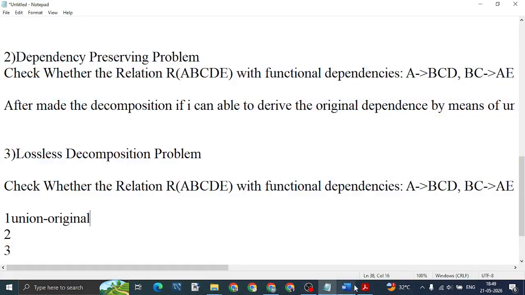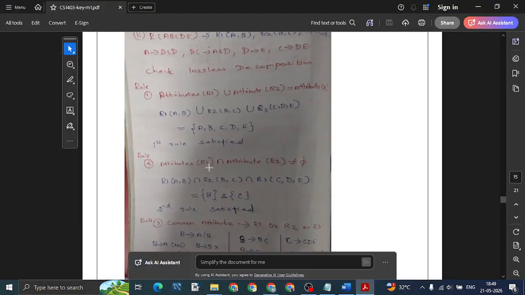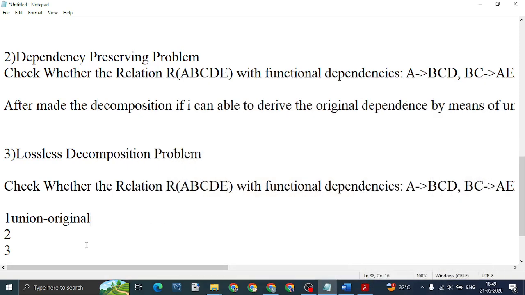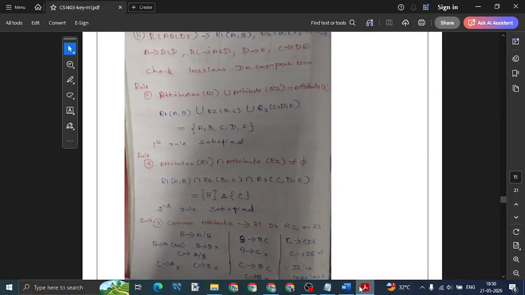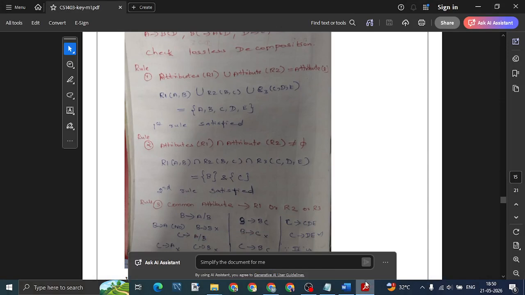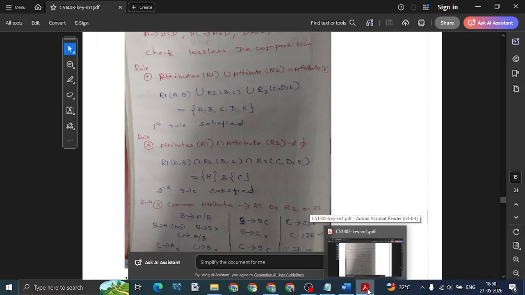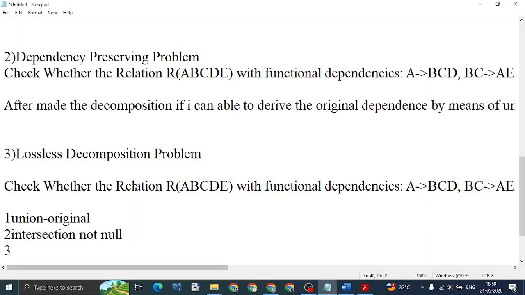What is the second rule? The second rule is the intersection of my relations should not be empty. Intersection not null. And the third and last one is the common attribute: the intersection attribute must derive either relation 1 or relation 2 or relation 3.